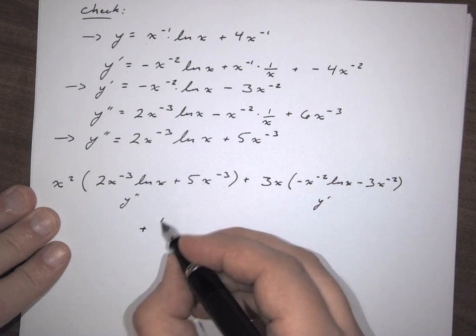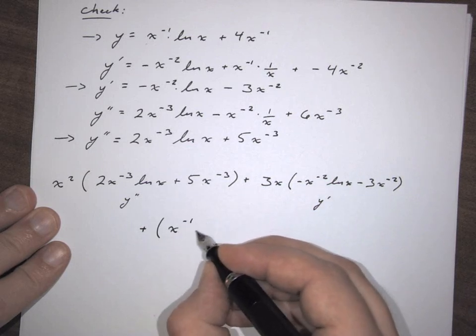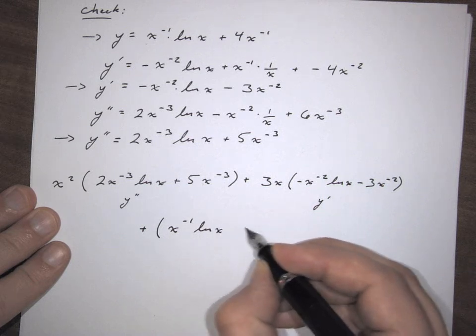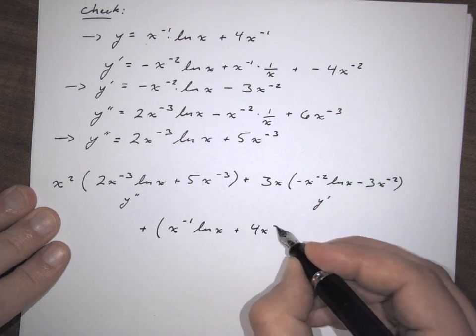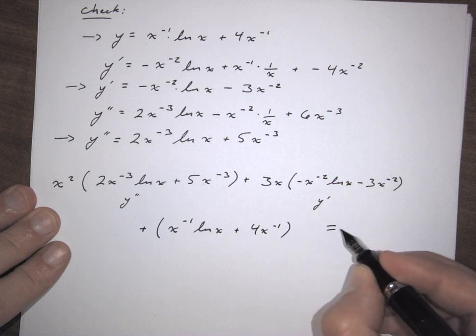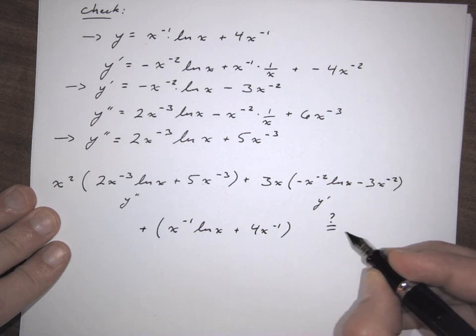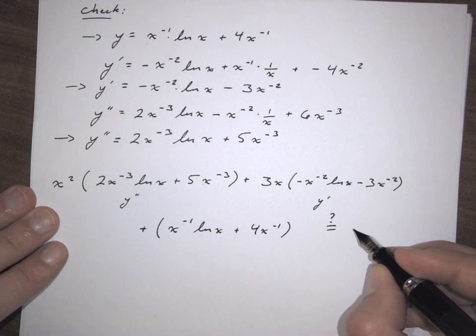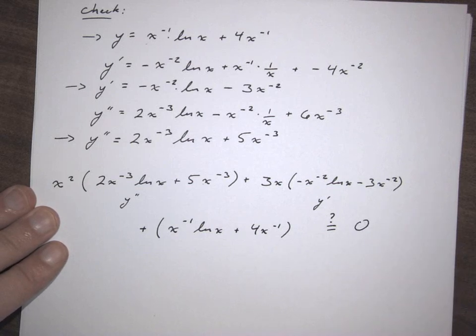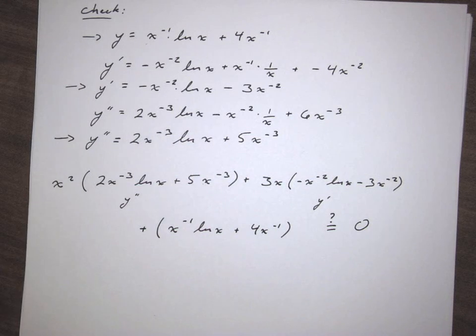So that's going to be now x to the negative 1 ln x plus 4x to the negative 1, and that whole equation is supposed to come out equaling the same thing as the right-hand side of the differential equation, which was just 0.